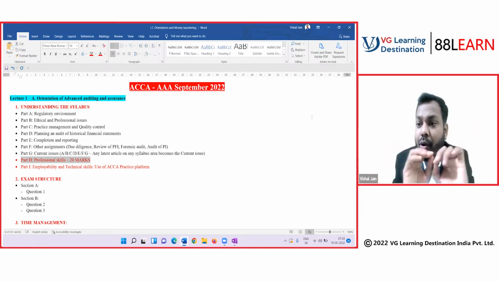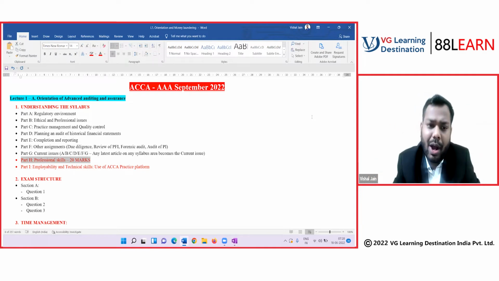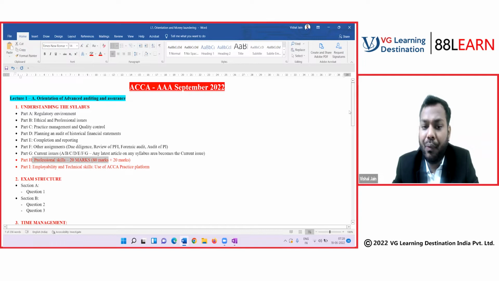Then how will you get 20 marks? The examiner has divided the paper into 80 plus 20 marks. For 80 marks, you have to write the answer, and you will get the marks accordingly. With the level of quality that you have written the 80 marks, you will get these 20 marks.